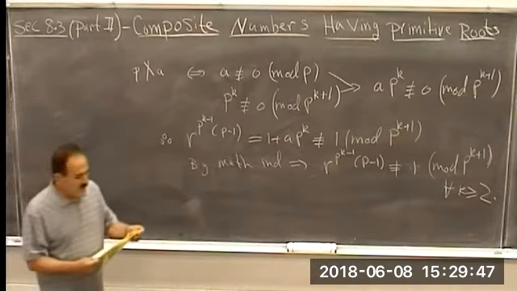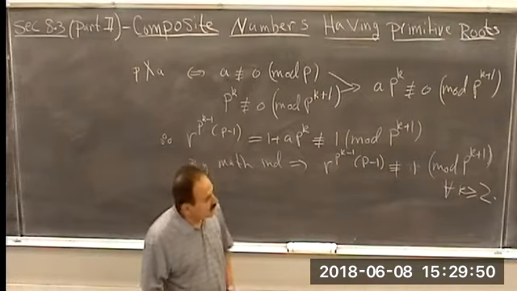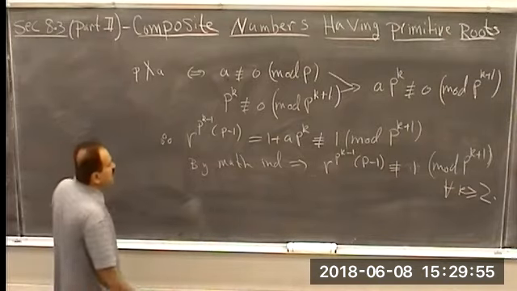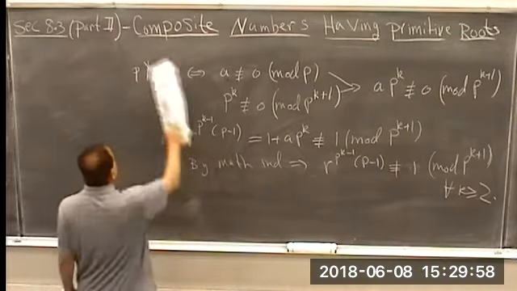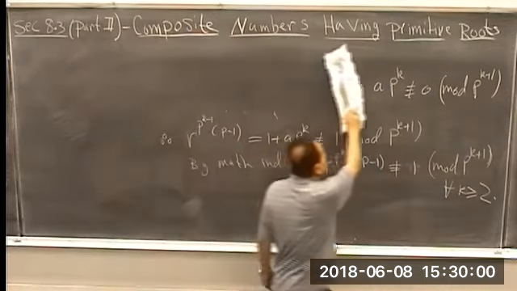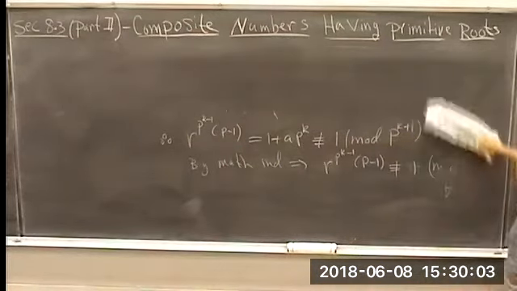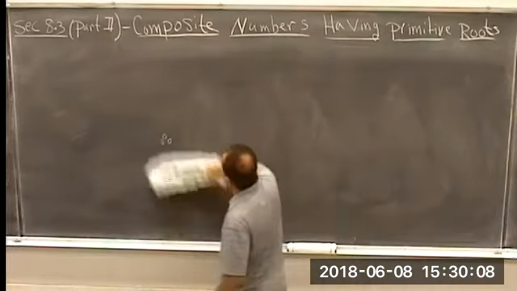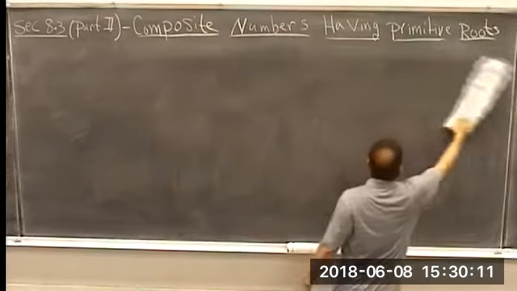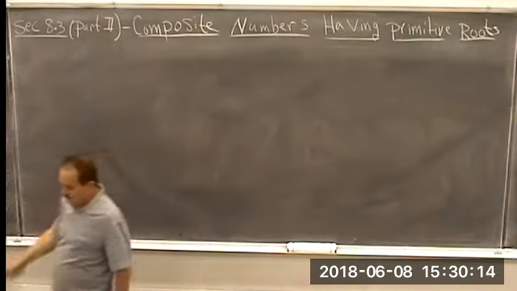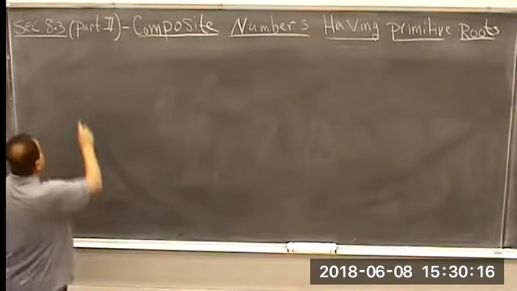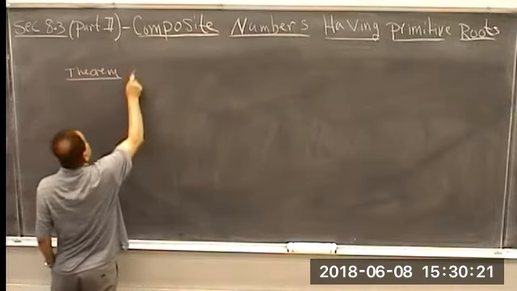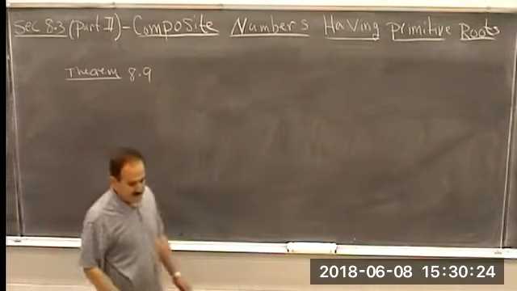Now we are ready to show that p to the power k actually does have a primitive root for every k bigger than or equal to 2. This is Theorem 8.9, I think.